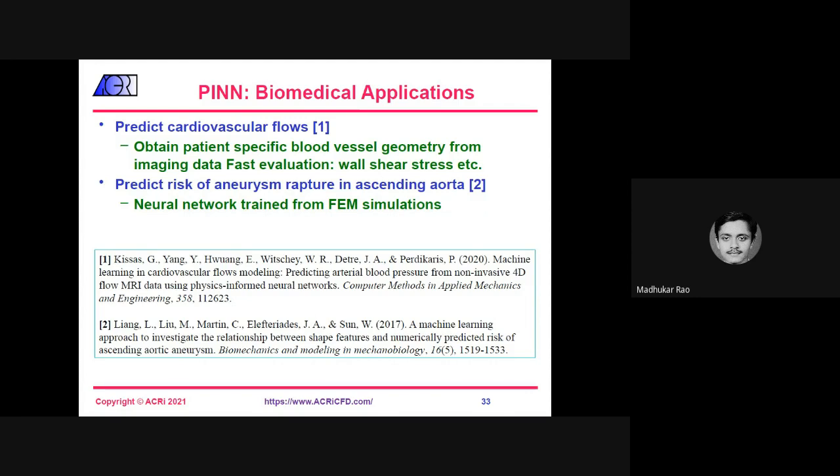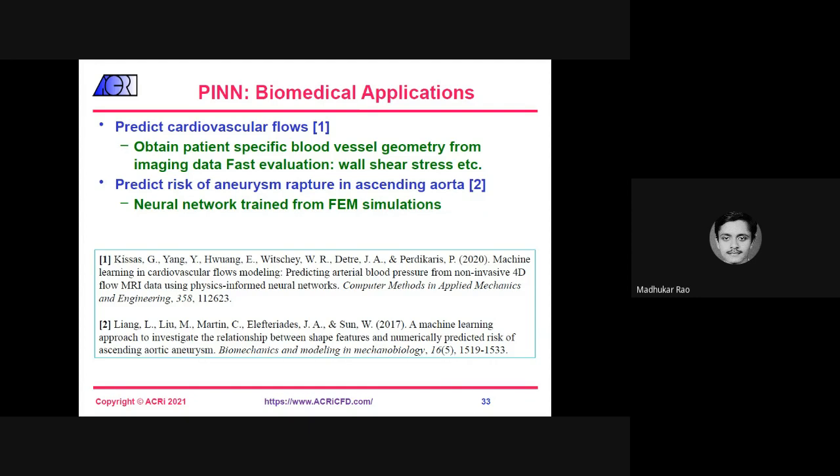And the hope is that by using neural networks fed with inputs from the imaging data, if it can predict things like wall shear stress and the pressure on the aneurysm from the blood flow and so on, and give this data to the doctor, then the doctor will be in a much better position to make an informed judgment as to whether to operate or not.